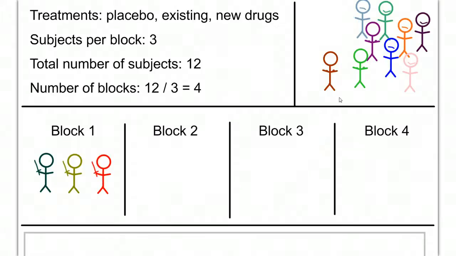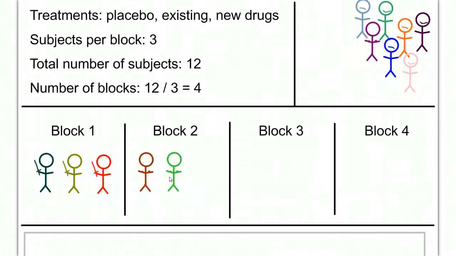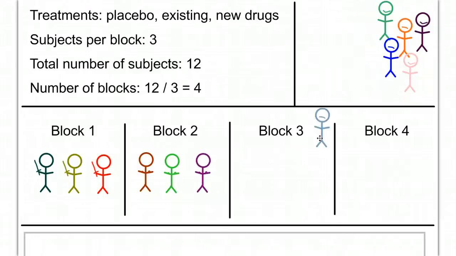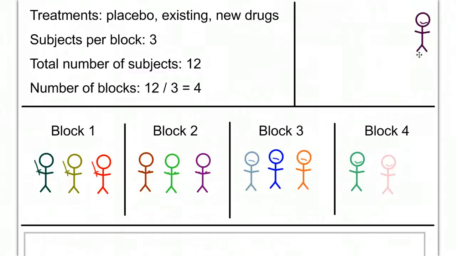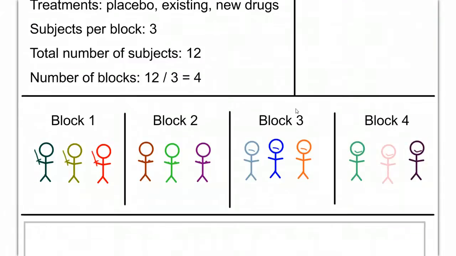The idea of blocking is to get similar subjects or similar experimental units together first. Then we're going to separate them off into the different places. So we'll take the 3 sad people here and the 3 happy people here. So first we make similar blocks.